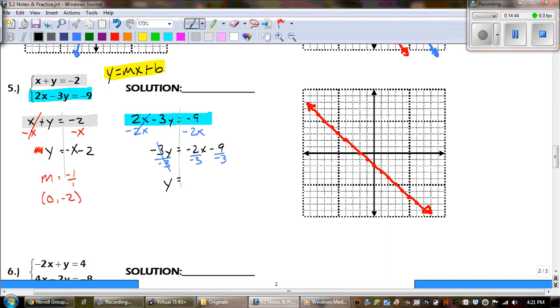A negative divided by a negative is a positive, so that's 2/3 x, and -9 divided by -3 is a positive 3. So we get that our slope is 2/3, and our y-intercept is 0, 3.